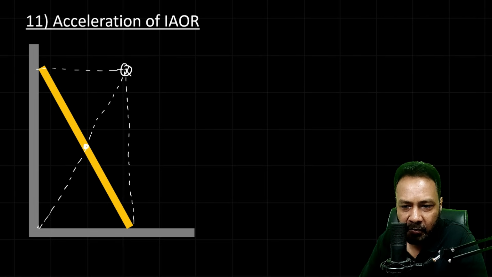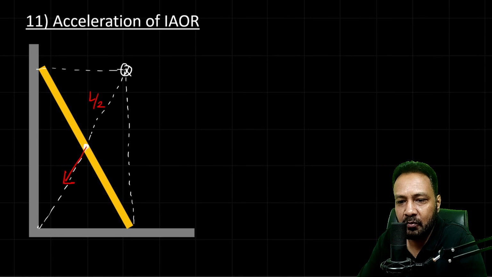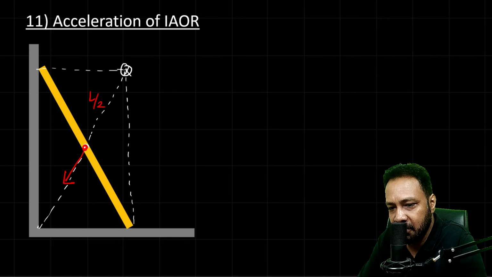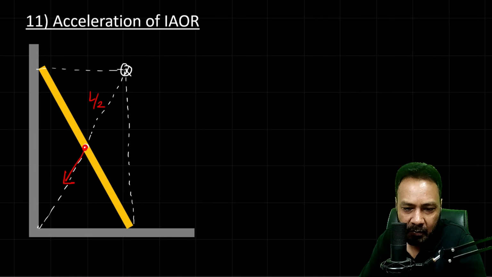So the acceleration of IAOR, if this length is L by 2, will have a resultant acceleration towards the center.